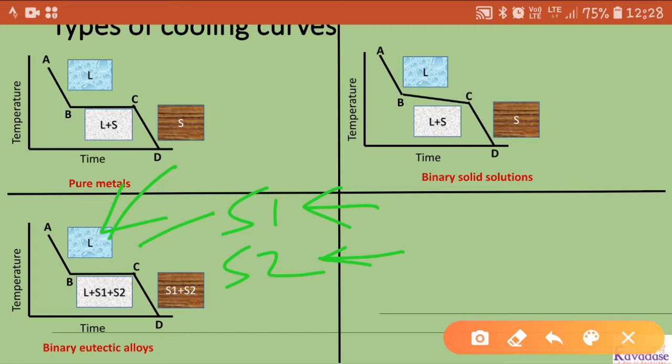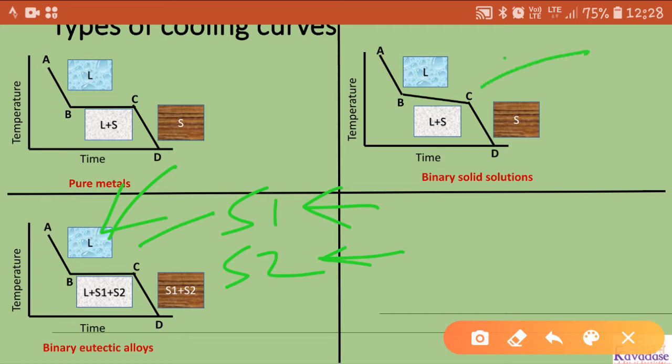You can see here at point C there is a complete transformation of solid 1 and solid 2 at same temperature. Means the eutectic mixture is such type of mixture when we mix solid 1 and solid 2 or metal 1 and metal 2, it solidifies at same temperature.